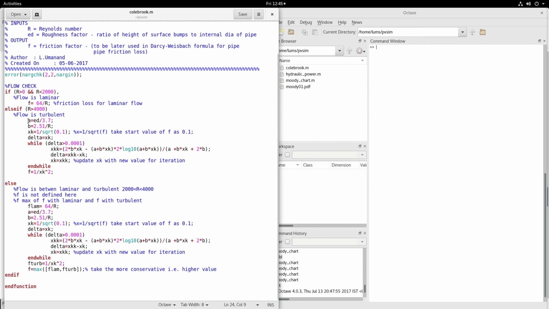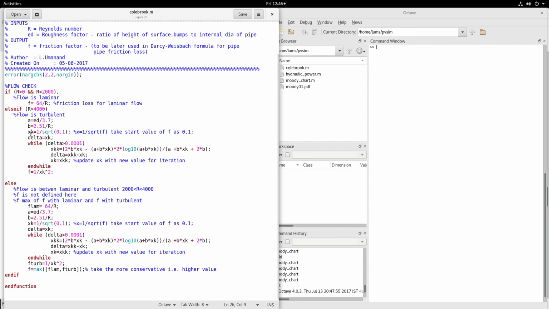So I am using these identities: A, which is equal to epsilon by D by 3.7. This is what we used in our iterative relationship. B is 2.51 by Reynolds number.